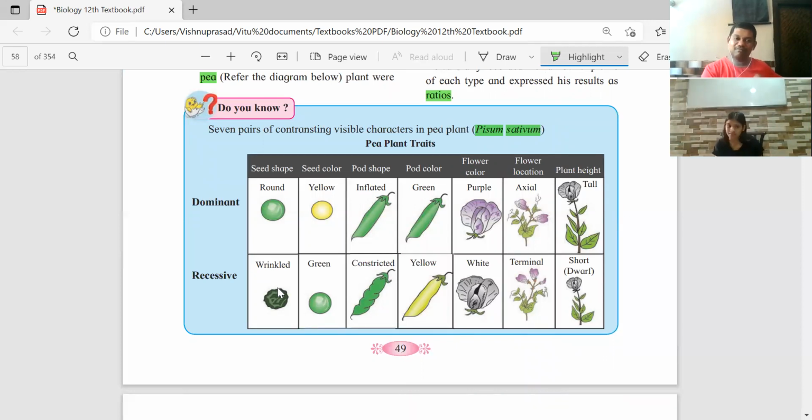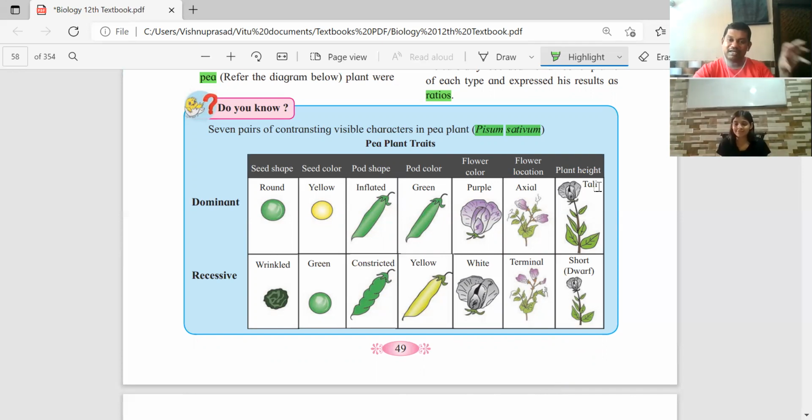On what basis do we decide? Because in a population of pea plants, if you see the seeds, you see that majority of the population is having round seeds. Few are having wrinkled. So under natural conditions, considering everything else favorable and normal, the one which is found in abundance most of the time, that is the dominant one. That is the one which is more favorable for the organism.